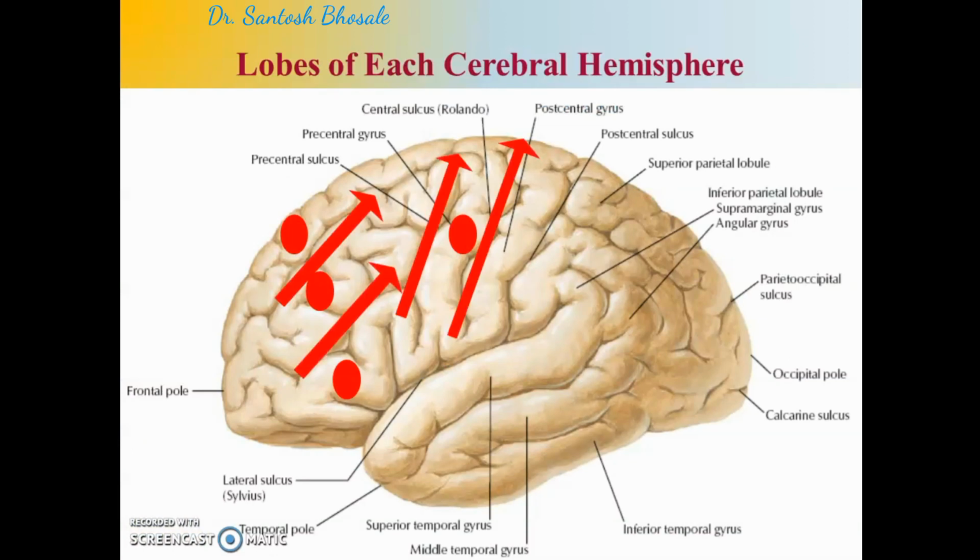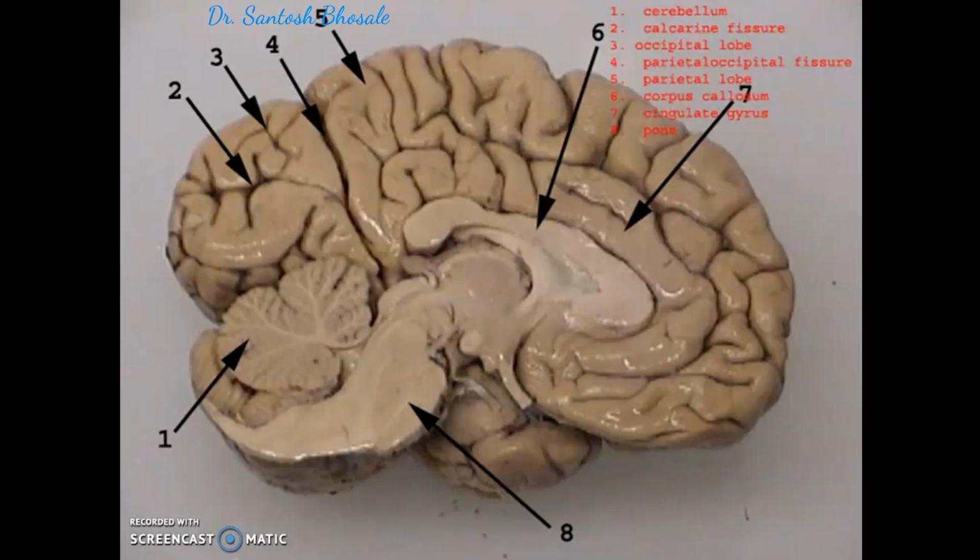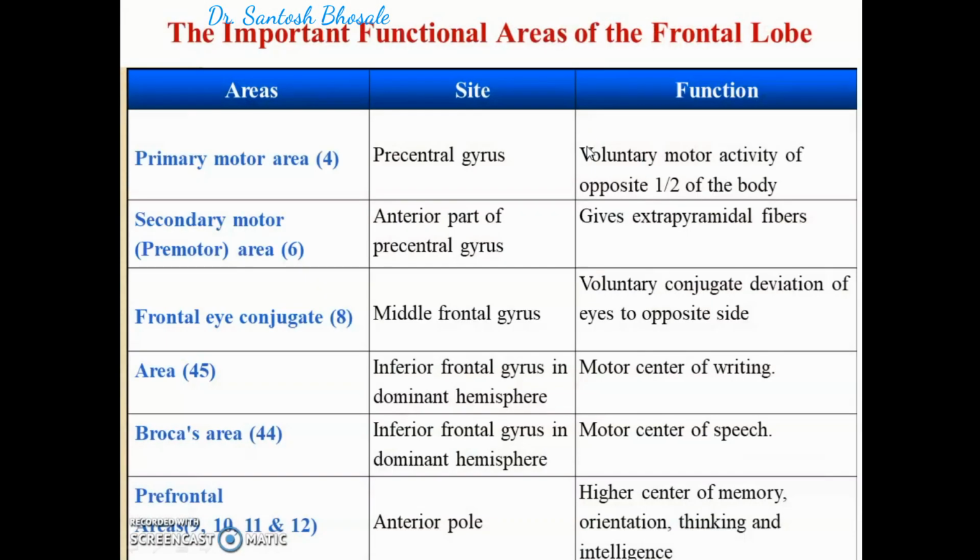You can see this is how the frontal lobe is divided into different sulci and gyri, and these sulci and gyri also extend onto the medial surface. You can see that is the parieto-occipital sulcus, that is the central sulcus.